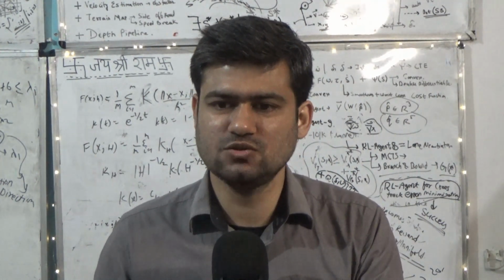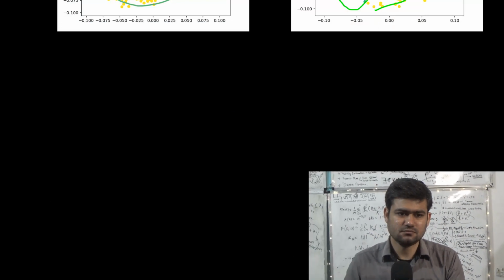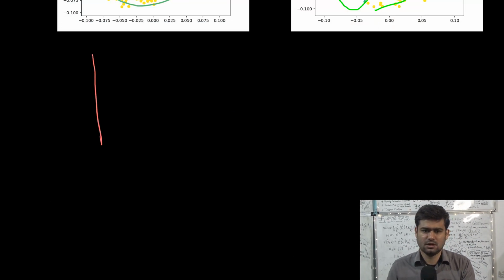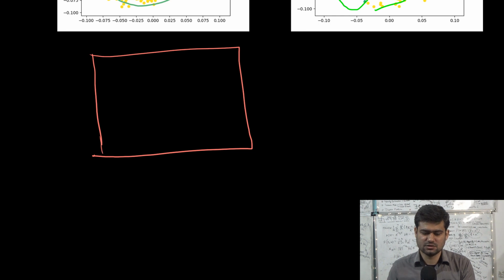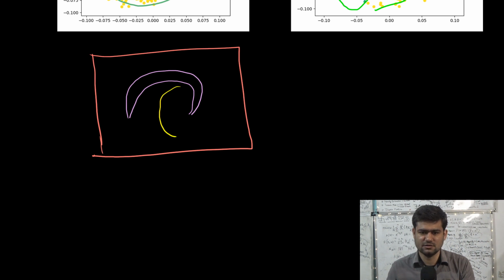Similarly, we can construct two other examples. Let's suppose we have a data set that looks like this. So we have one cluster over here, and let's say we have another cluster over here.